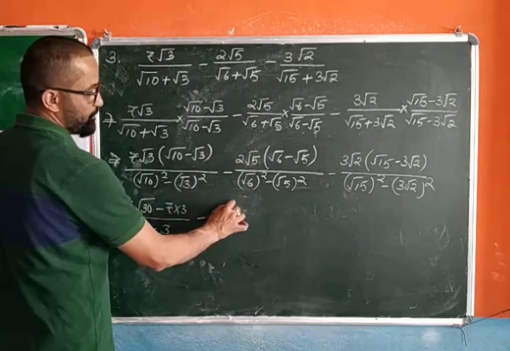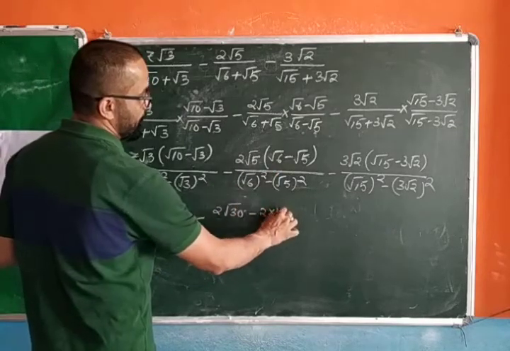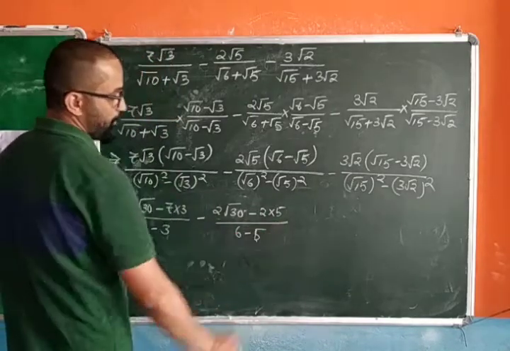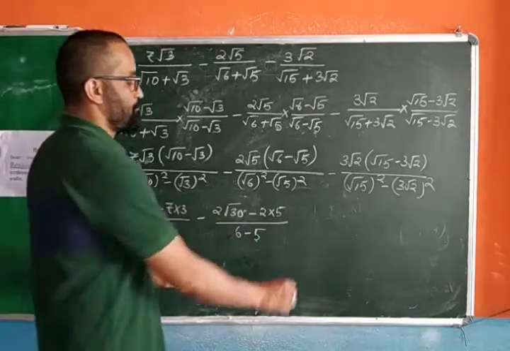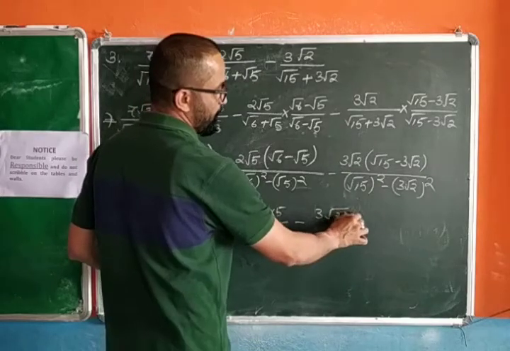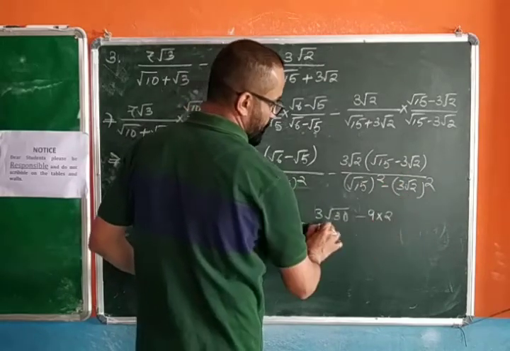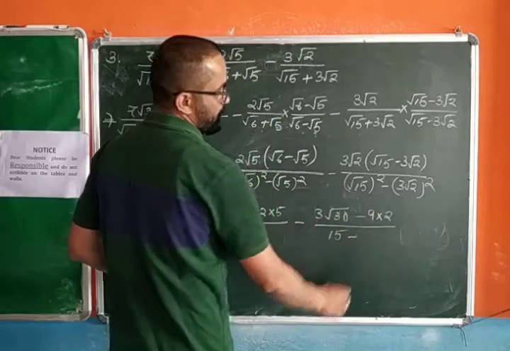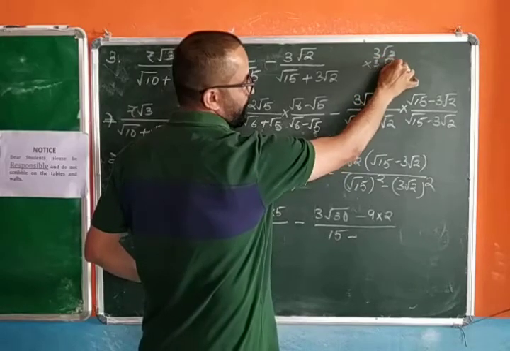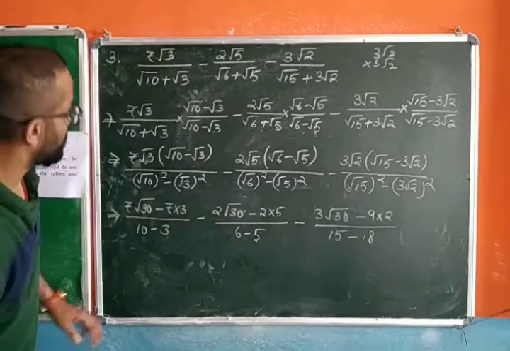Multiply this: 2√30 minus 2 into √5 times √5 is 5, divided by 6 minus 5. Minus 3 as it is, √15 into √2 is √30, 3 into 3 is 9 into √2 times √2 is 2, divided by 15 minus 18, you can write at the side and multiply. 9 into 2 is 18. Simplify it.